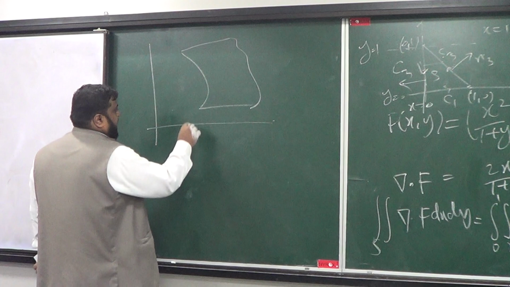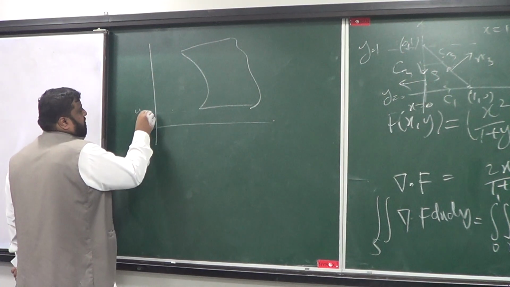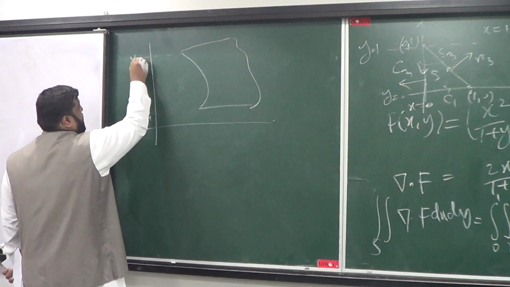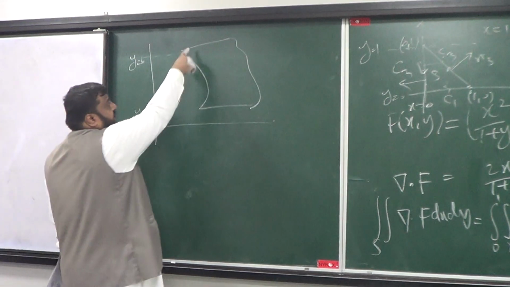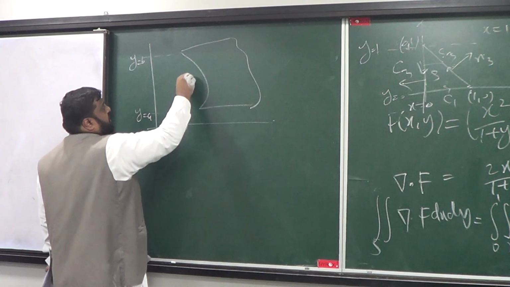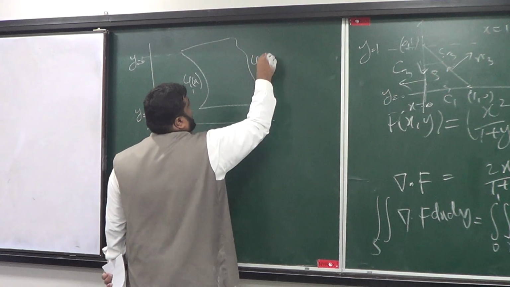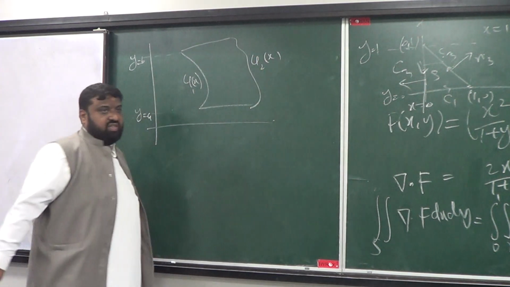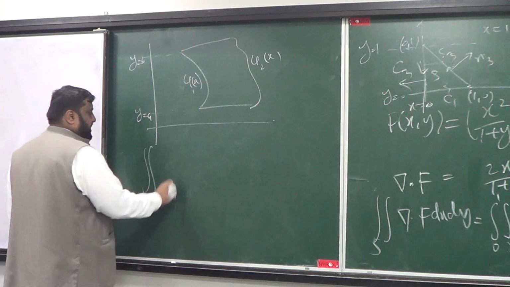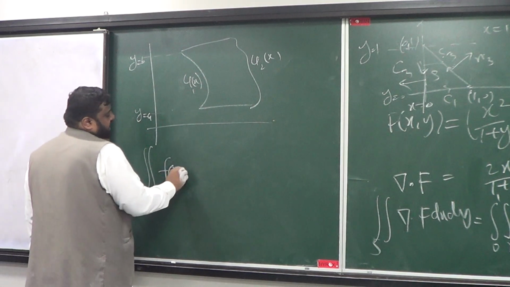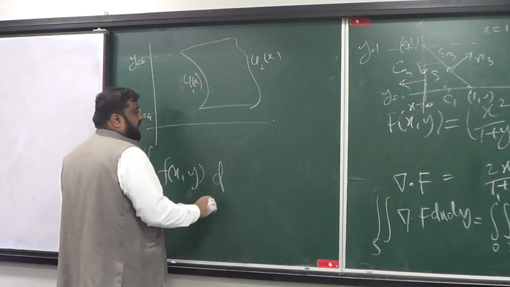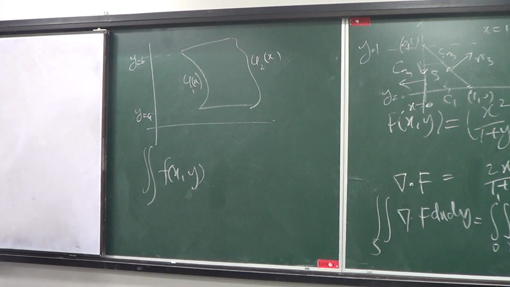This looks like some y equal to a, and this looks like some y equal to b, while these are the two curves. This is phi1 of x, and this is phi2 of x. And I want to integrate some f of x, y. First of all, what would be the better way to integrate? Shall I integrate with respect to x first, or y?